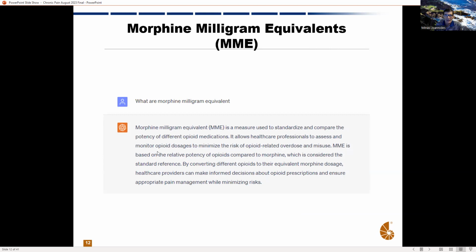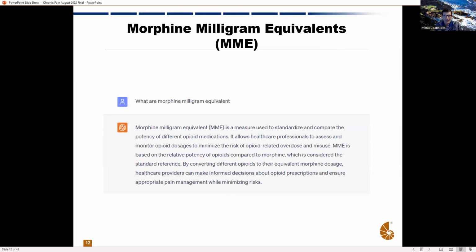So I typed into ChatGPT what are morphine milligram equivalents, and it gave me back that they are a measure used to standardize and compare the potency of different opioid medications. It allows healthcare professionals to assess and monitor opioid dosages to minimize the risk of opioid-related overdose and misuse. MME is based on the relative potency of opioids compared to morphine, which is considered the standard reference.